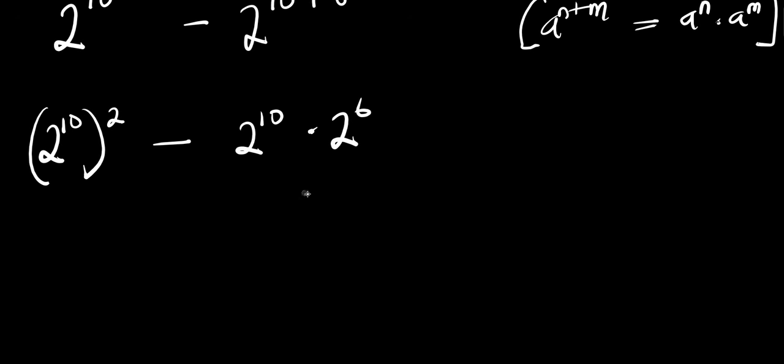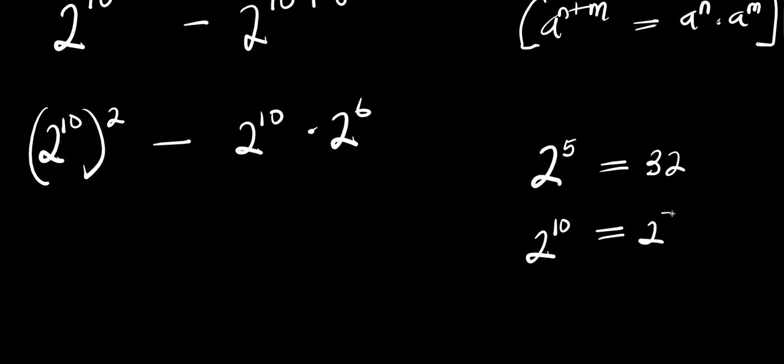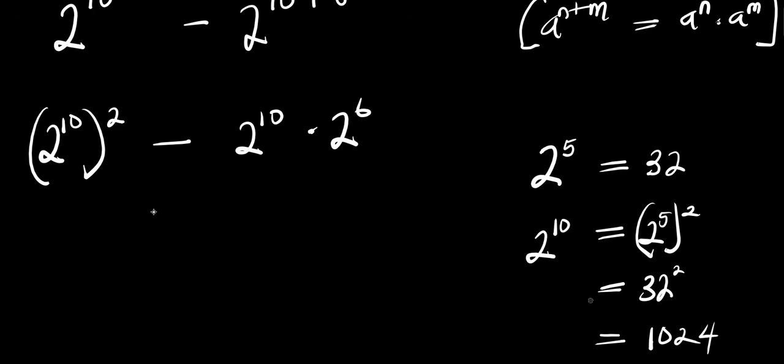What is the value of 2 power 10? Remember, 2 to the power of 5 is 32. 2 to the power of 10 is 2 to the power of 5 to the power of 2. This means 32 power 2. And if you find the value of 32 power 2, this will give you 1024. That is 32 times 32.